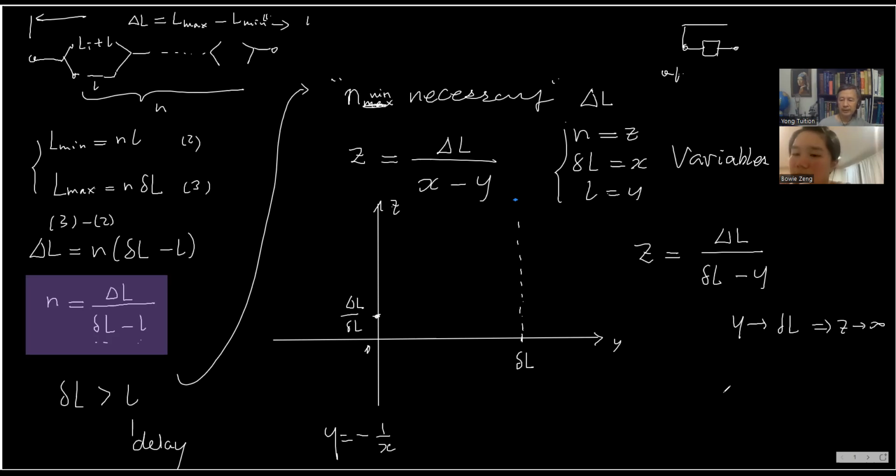You can try. So if the origin is at this height, and the denominator is getting smaller and smaller, can you see the denominator getting smaller and smaller when Y approaches delta L? Yeah. Decrease.